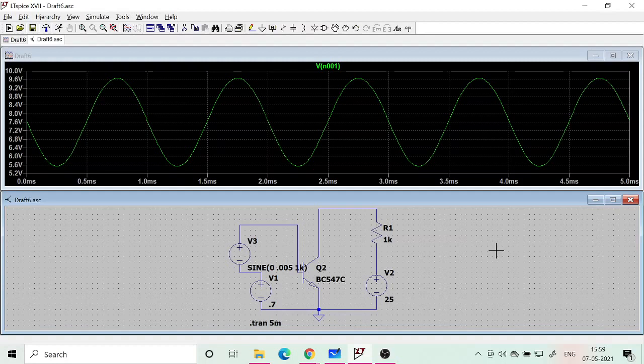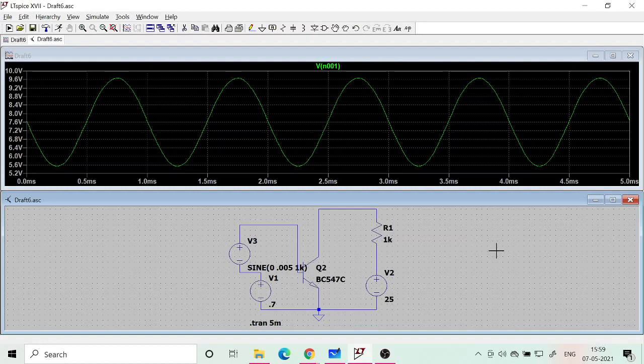Next is current gain: you plot the IB, note down the variation of IB peak to peak, and then plot the IC, note the variation peak to peak, take the ratio. That will give you beta AC, or AC current gain.